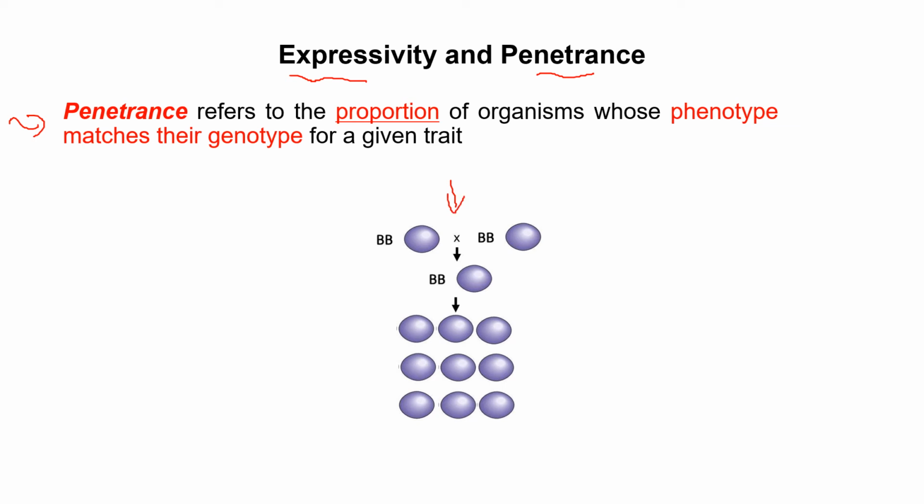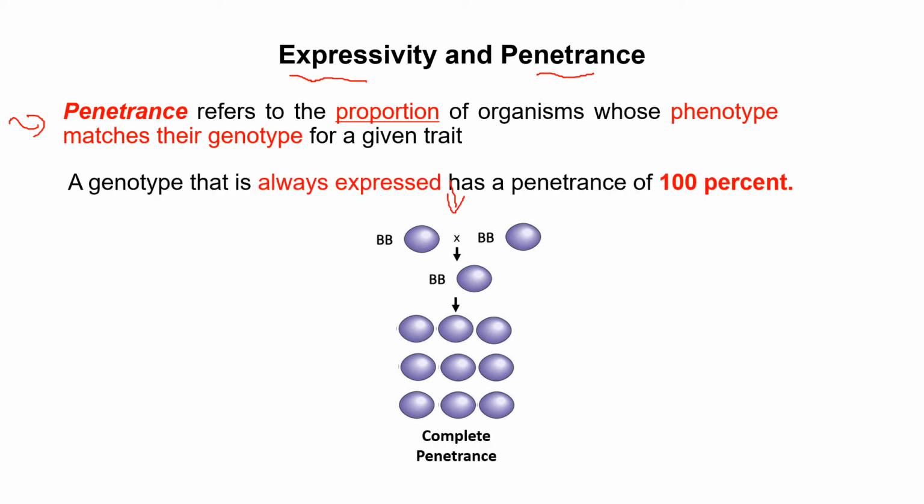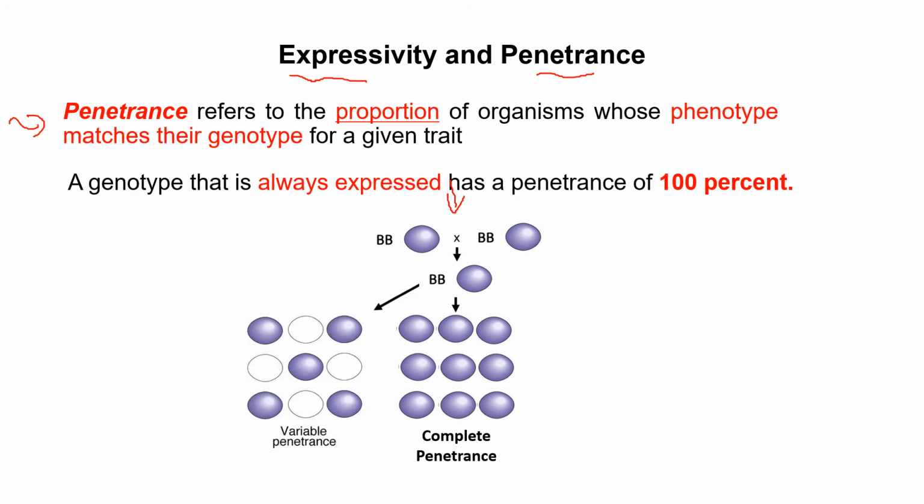So for example, here this is 100% penetrance. However, I showed you that in other cases there could be variable penetrance. So the answer here will definitely be penetrance. It will not be expressivity. Expressivity is when you have these gradients of variable expressivity, like these different tones of purple in the explanation.